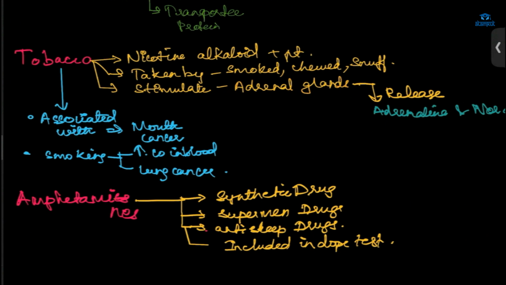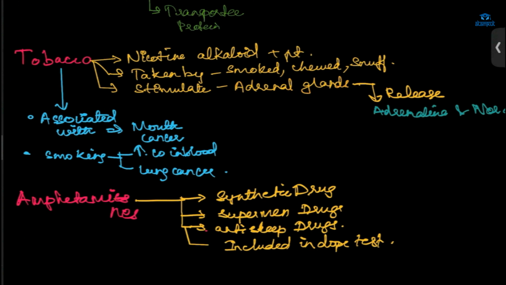If we take it once, without it you cannot stimulate the adrenal gland and release adrenaline, so you will be dependent on tobacco. It also causes mouth cancer and lung cancer.